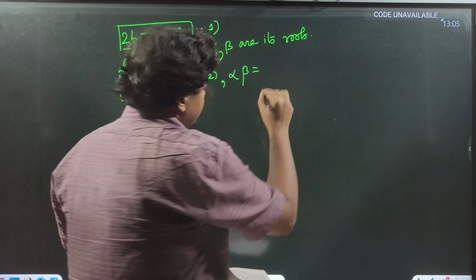So what is b by a? Go to equation number 2. b by a is minus of alpha plus beta and c by a is alpha beta. So putting those values, we get, we are now going to open up the brackets.